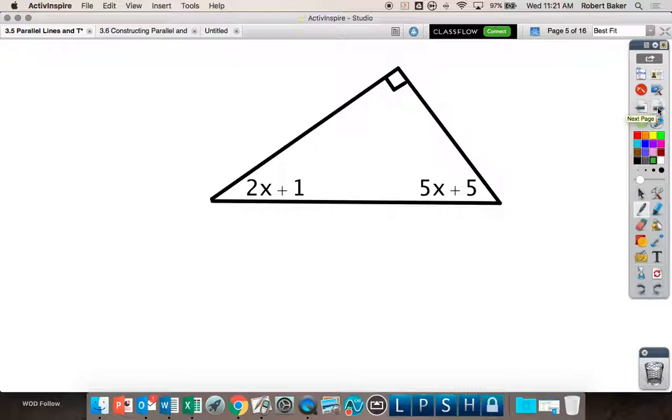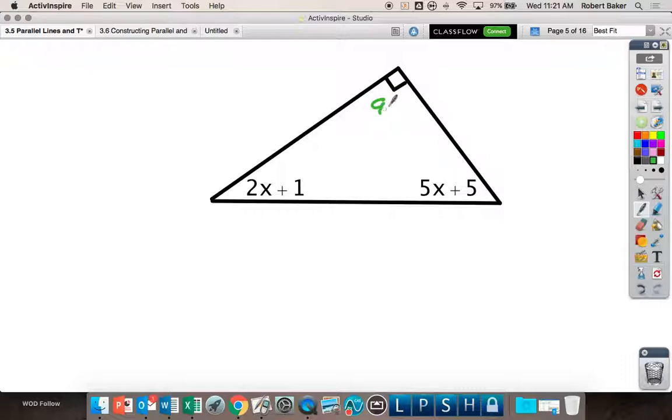Because can you look at it and say x is this big? But can't you just add them together and make it equal to 180? Add 90 degrees, 5x plus 5, 2x plus 1. That equals 180. So you have made the correct assumption that this is how many degrees?